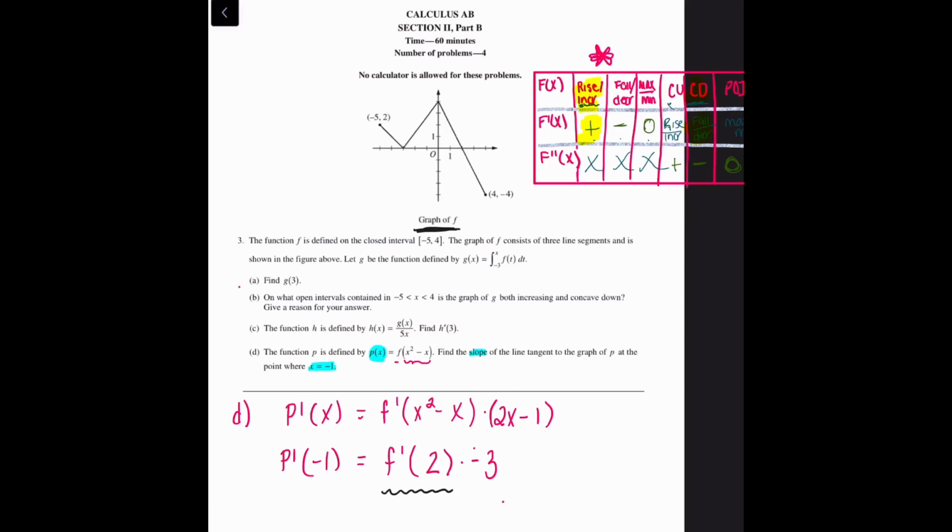So I go to 2, which is right here. I notice, oh, that's just a line. So we're looking at the slope of that line, and the slope of that line is negative 2. So our final answer becomes positive 6. 2 points for finding this derivative, 1 point for actually plugging things in correctly. And that's it.